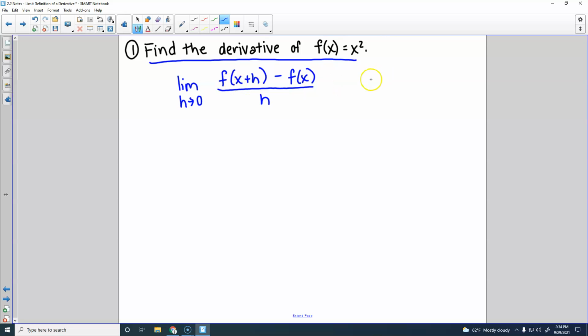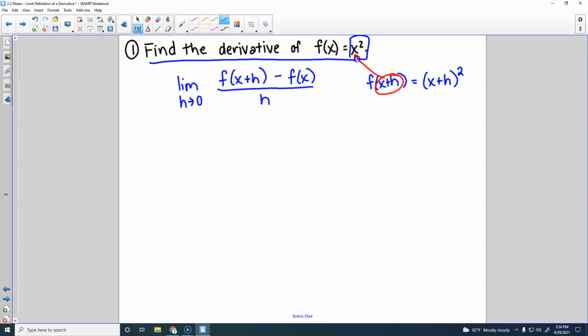When I'm finding f of x plus h, it means I'm taking x plus h and plugging it in for the x in whatever my formula is. So in this case, f of x plus h is x plus h squared. It's just always x plus h.